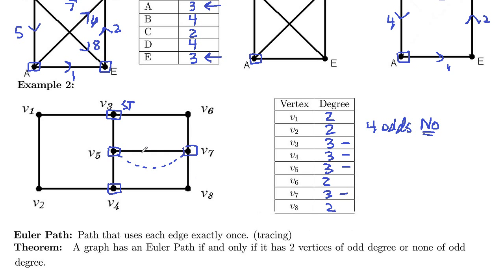So now these are even vertices. 1, 2, 3, 4, 1, 2, 3, 4. So now we've only got 2 odds. With this added edge, you should be able to trace. So see if you can trace this starting at vertex 3 and ending at vertex 4. So again, pause the video for just a second, see if you can trace that guy.